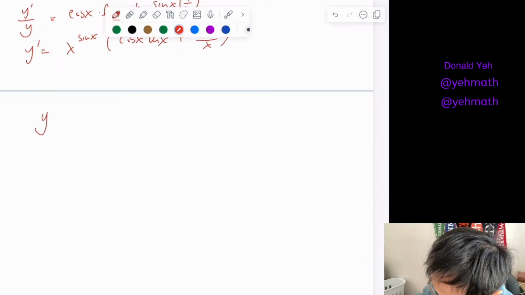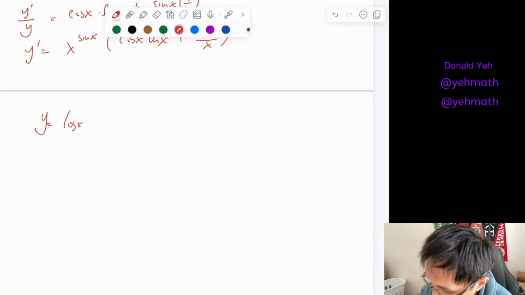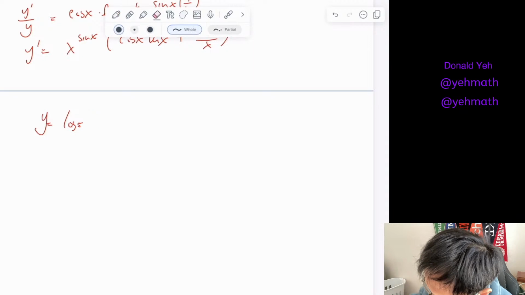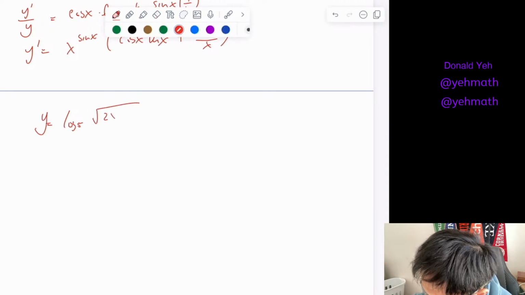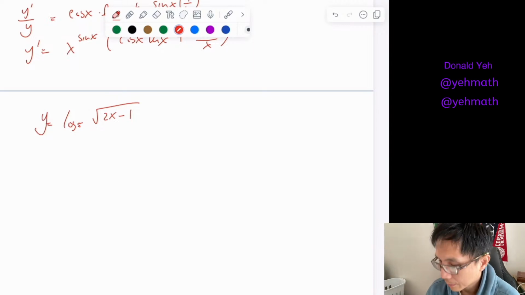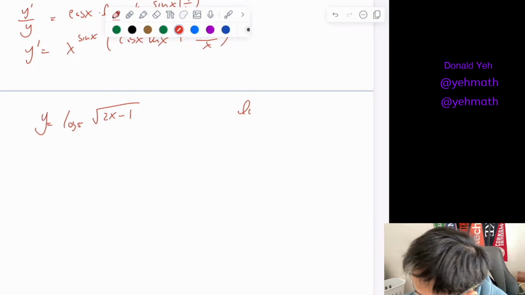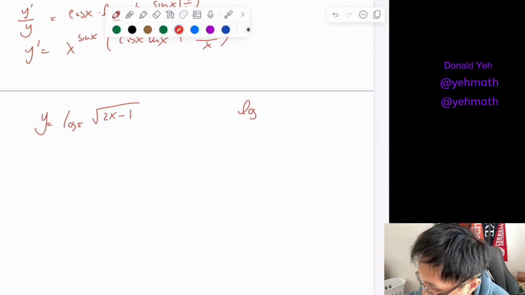Let's say y equal to log base 5 of, let's say, the square root of 2x minus 1. We never learned how to take derivatives of log functions, but understand that there is something called changing base that will help you solve the problem, and also understand what is constant.